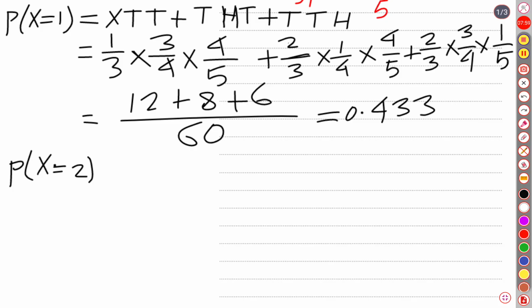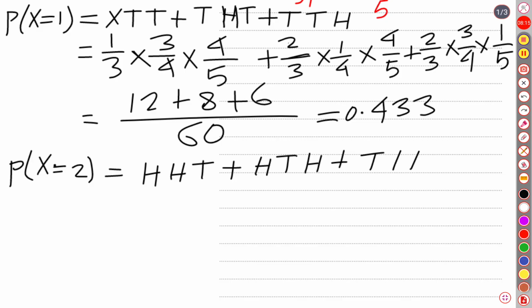So two heads means, suppose the first one is head, second one is also head, third one is tail, or first one is head, second one is tail, third one is again head, or first one is tail and second one and third one are head. So these are the possible cases for two heads.